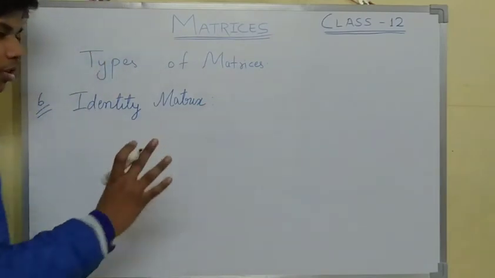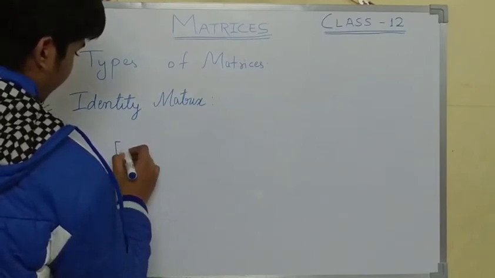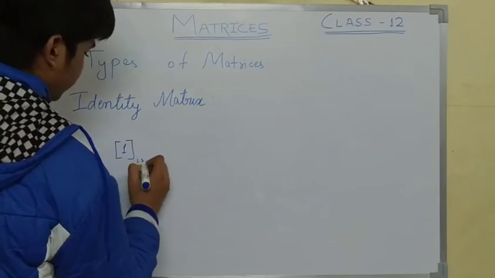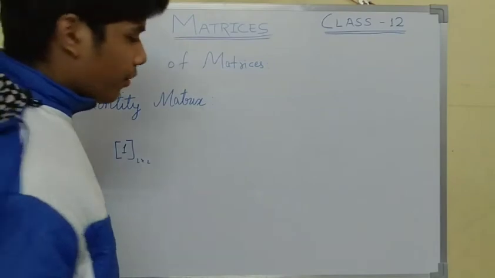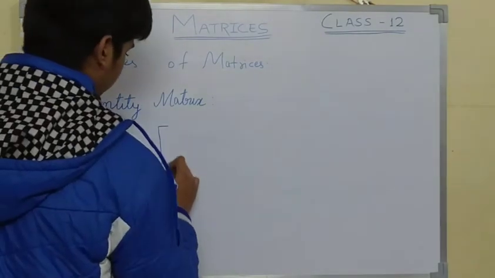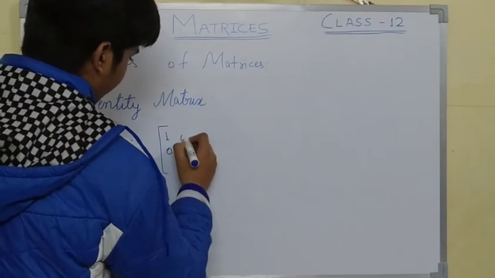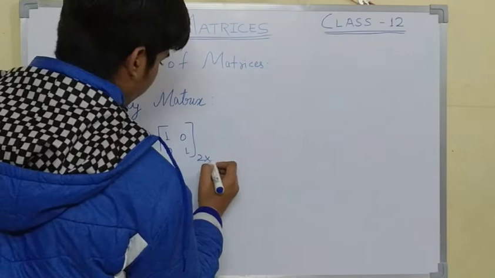This matrix is also defined that if we have an identity matrix of order 1, then it will be this. And an identity matrix is always of the square form. And this is also an identity matrix of order 2.